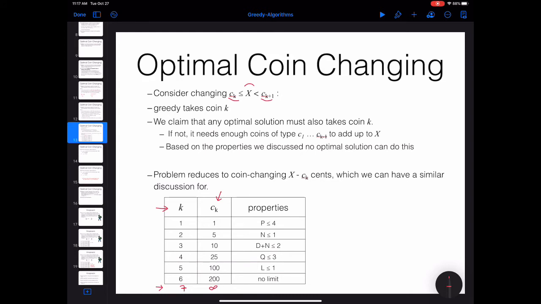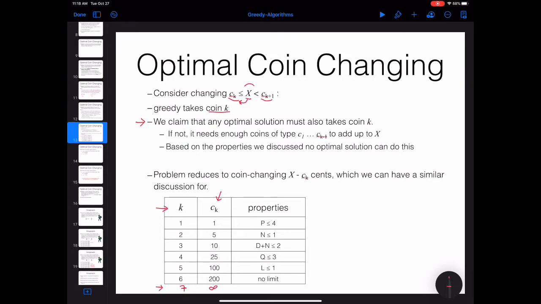So the greedy strategy claims that you always go with the largest coin which is smaller than or equal to the amount that you are going to change. So it tells you to always go with the coin k, or with the amount ck. I'm going to claim that any optimal solution also will take coin k for x.